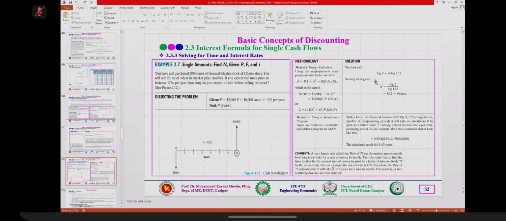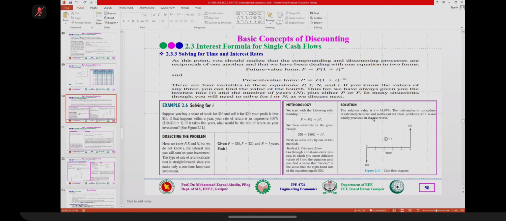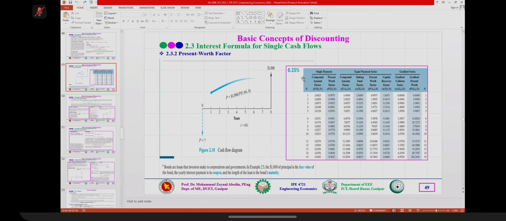We can easily find F by P at 12% N by calculator, or by going to the table, and in this way you can get the number of years. Either you can get the value of percentage or you can get this value, because P and F are given.